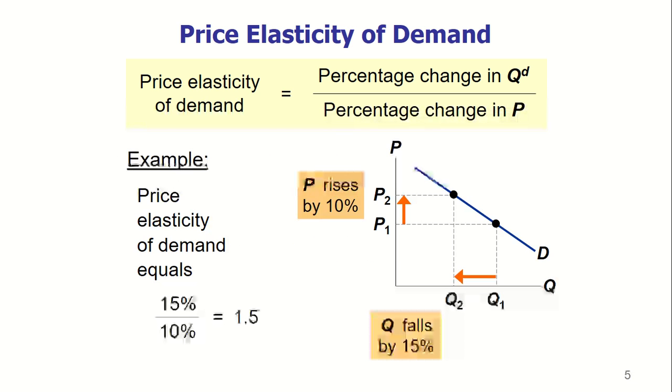Here comes another slide for price elasticity of demand. Let's take an example here. Price elasticity of demand when price rises by 10%. Here you can see there is a change in price from P1 to P2, that is 10%. You can say that price rises by 10%.